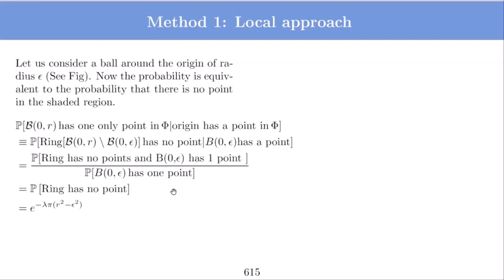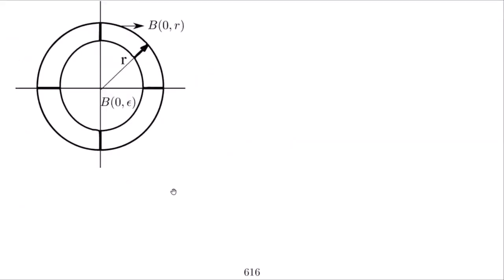Okay, so what I want to compute is probability that ball 0, r has only one point of phi, conditioned on origin has a point in phi, and I want to say that in the limiting case, when epsilon goes to 0, this is equal to probability that the ring, ball 0, r minus ball 0, epsilon, has no point, given ball 0, epsilon has one point. So this is the probability that the ring has no point in it.